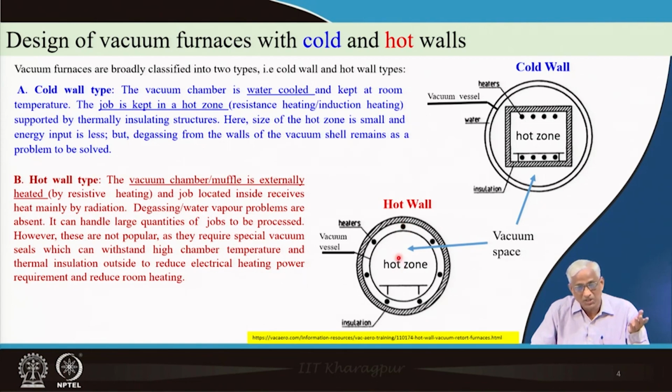So, for the hot zone the chamber may look like a heater, and all the seals for hot wall type of things have to be compatible, because the chamber itself is very hot. But you will get one advantage, degassing will be very good. So, there are some advantages and very specialized applications, if you can use metal seals or if you can cool that area of the seal etc., in very large scale chambers.